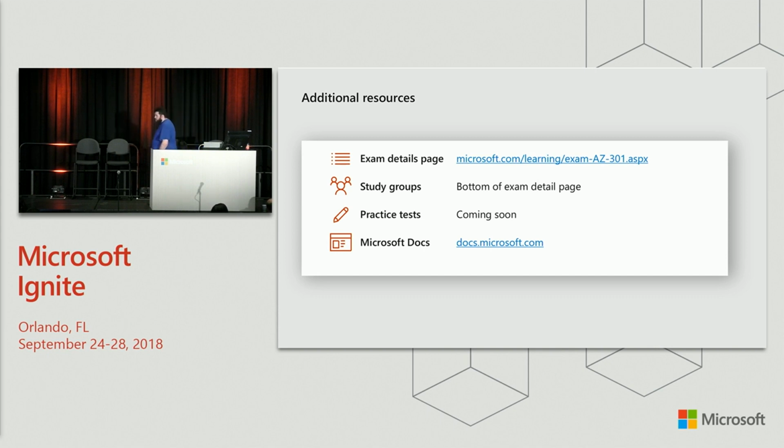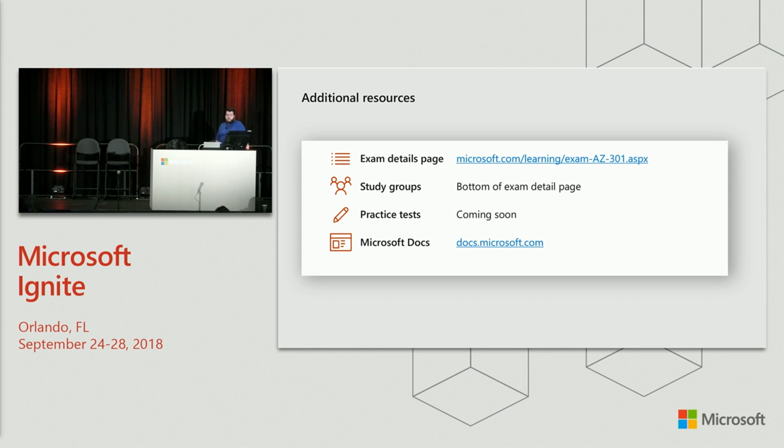So you can use this as resource number 1 for any type of studying that you need to do. You know, if you're already comfortable and familiar with storage and compute, and you want to spend more time on IoT and event hubs, that will give you the list of everything that might be covered on the exam, or that is covered on the exam, and give you the reference point for you as to what topics you need to spend more time on.